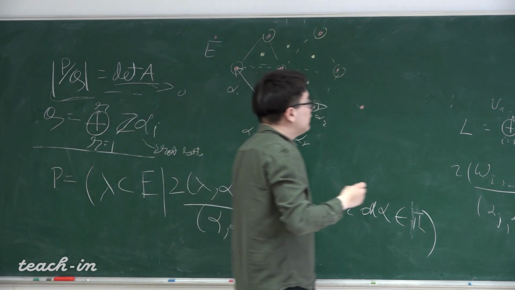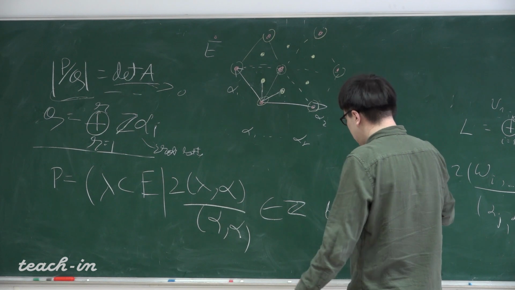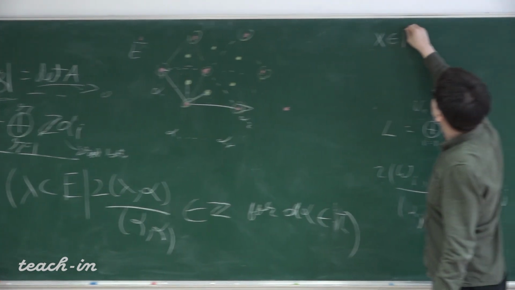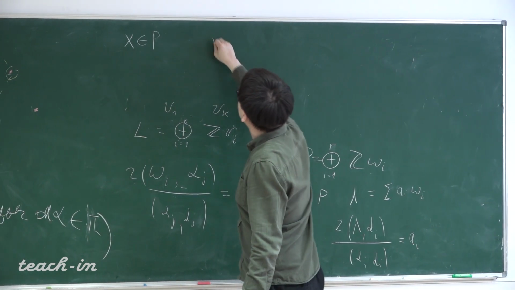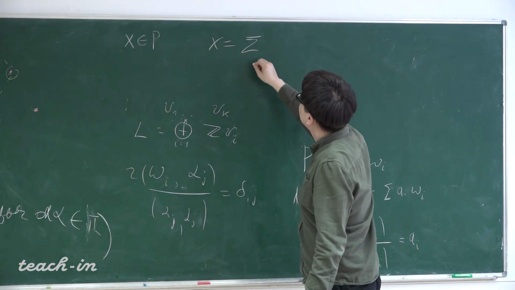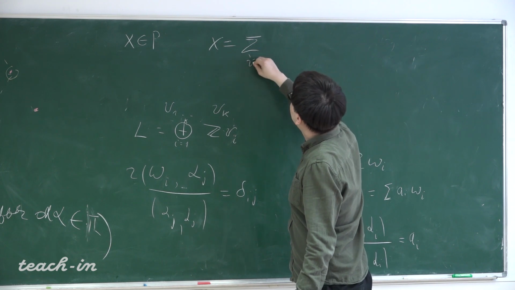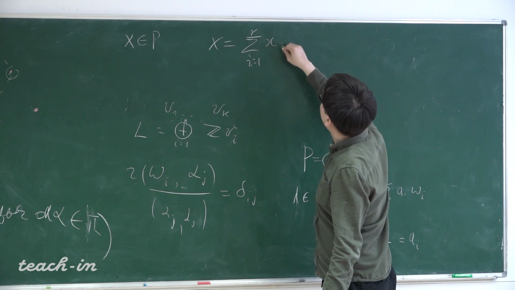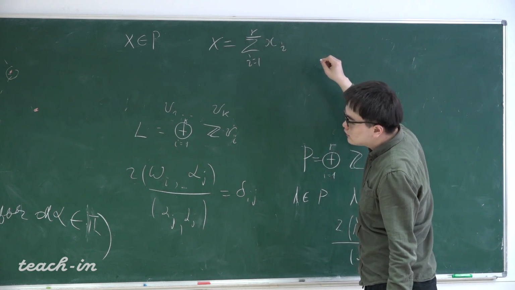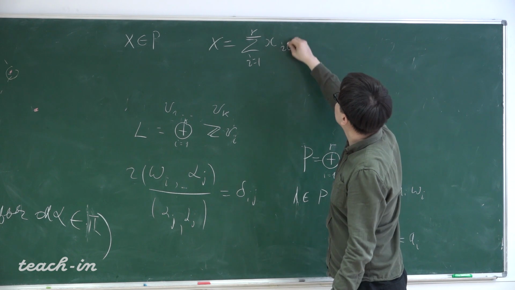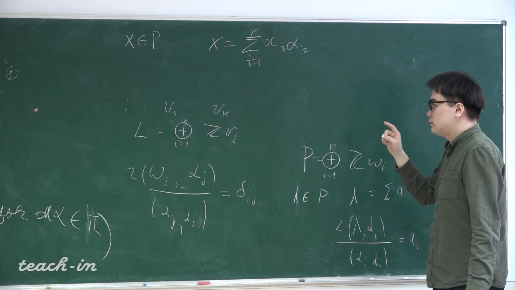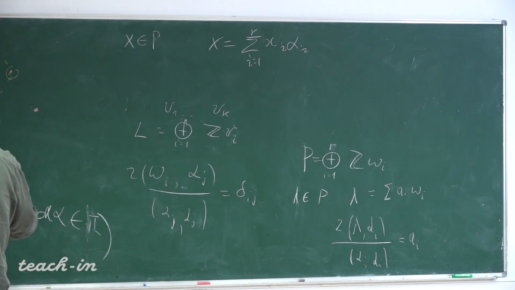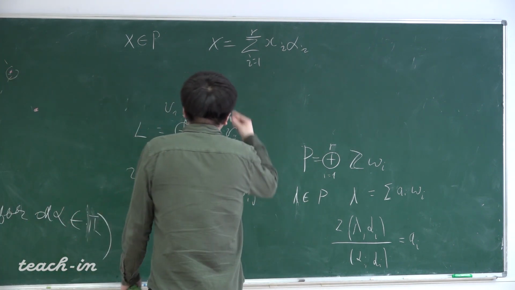So any element here, denoted by x, we can write in some formula with x_i, and we try to solve this equation, which satisfies this condition. How to solve it?